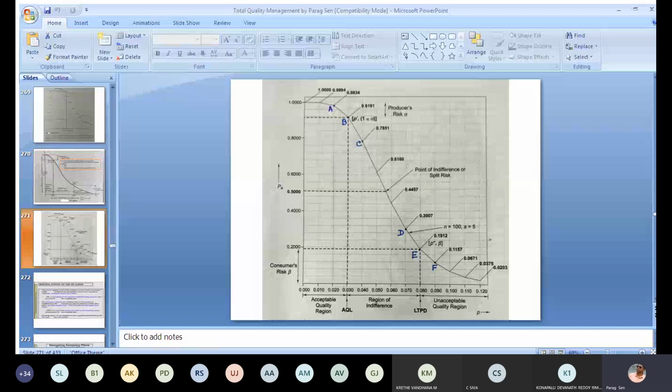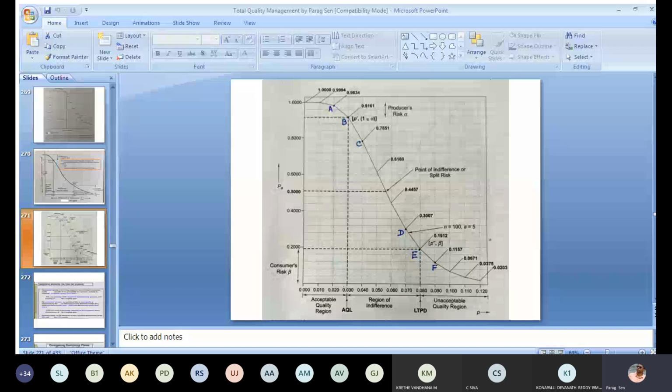So, in the entire lot of 10,000 items, suppose there are only 10 units which are defective. Now, your cutoff acceptance number is suppose 5, and you are testing 100 samples.